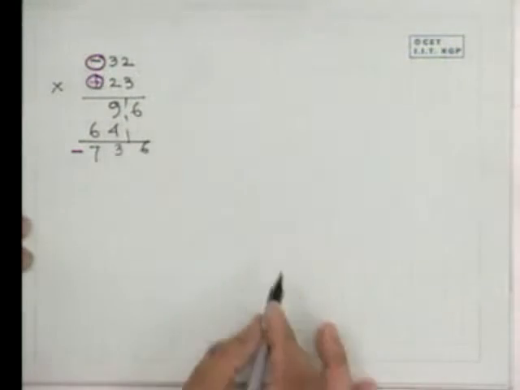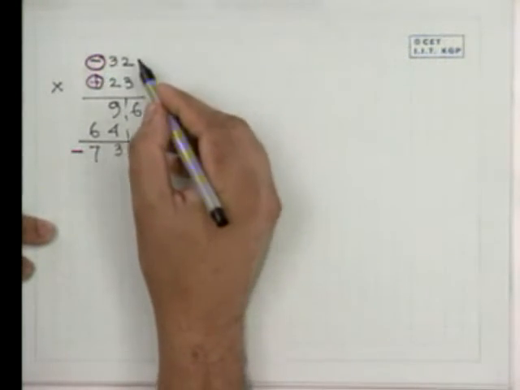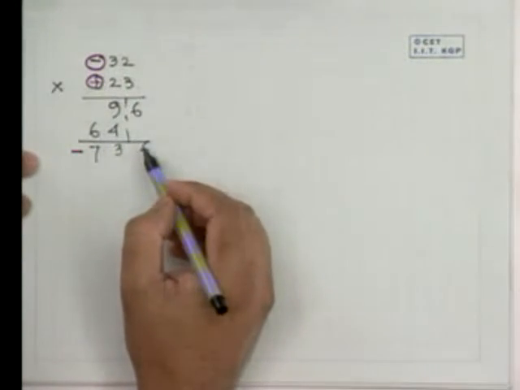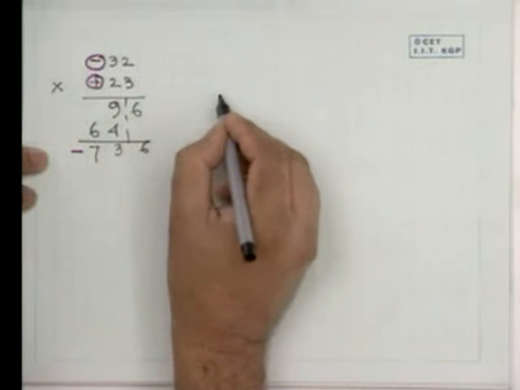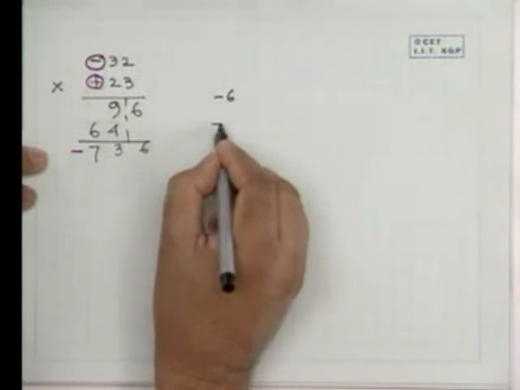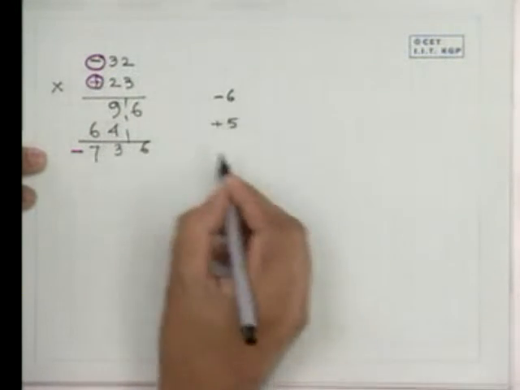Now, similarly, in the case of binary, the same paper and pencil method we can employ. Say, for example, we want to multiply minus 6 with, say, plus 5.